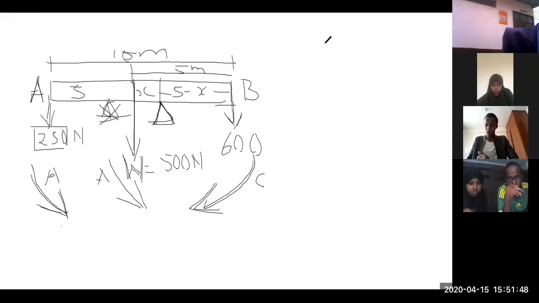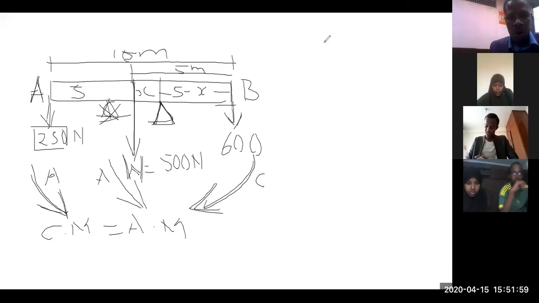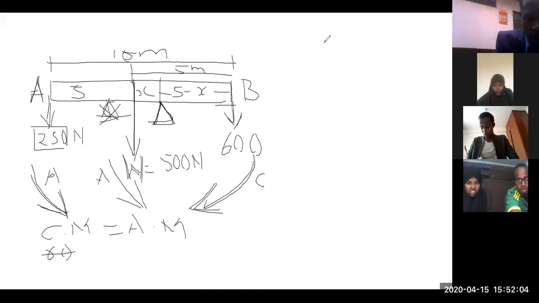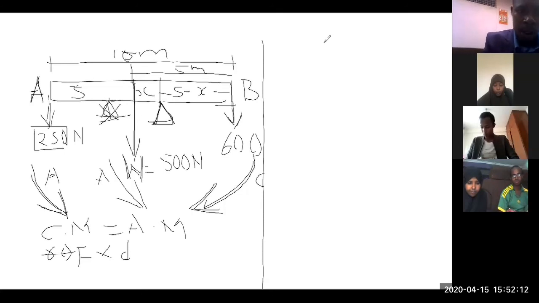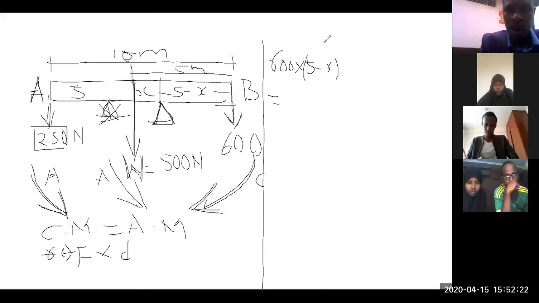So what we know is clockwise moment is equal to anti-clockwise moment. The moment is force times distance. So we have our force, which is 600, times the distance, which is 5 minus X. That is the clockwise moment, and it should be equal to the anti-clockwise moments, which are 2.